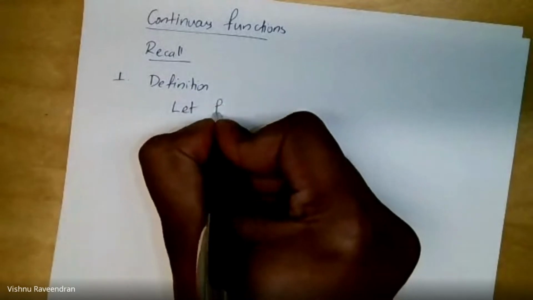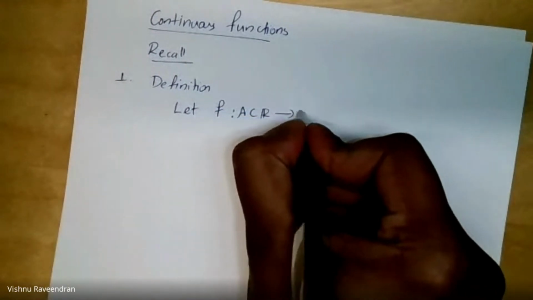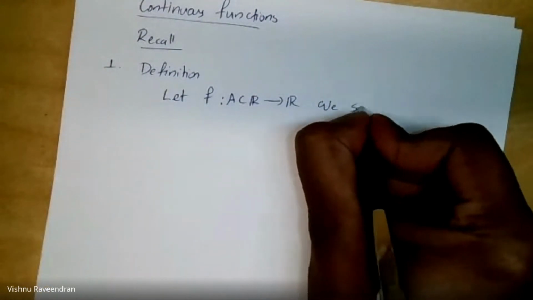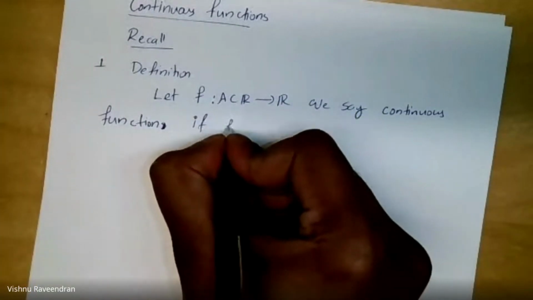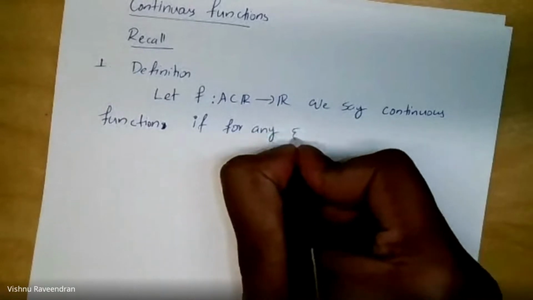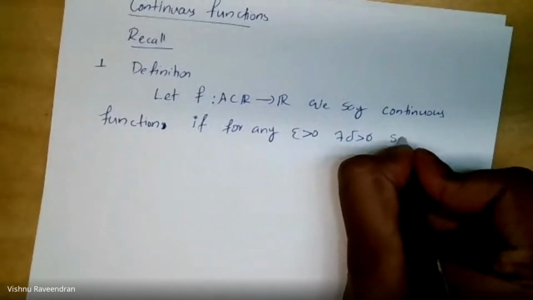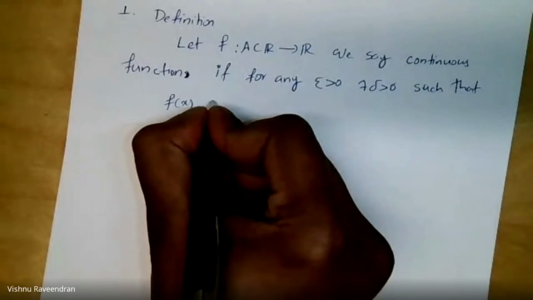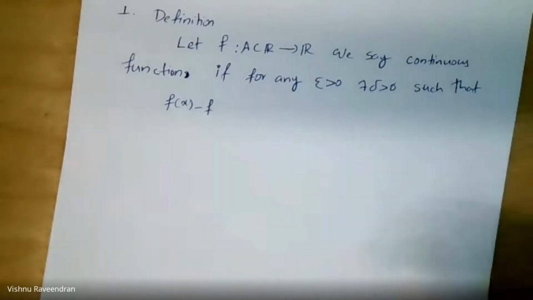Let f be a function from a subset of R to R. We say f is continuous if for any epsilon greater than 0, there exists a delta greater than 0 such that... okay, first we will say the continuity at a point.